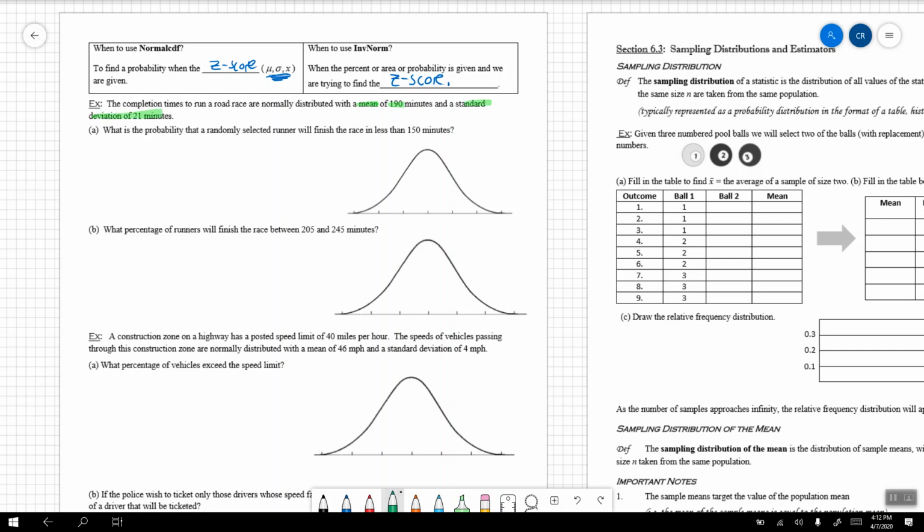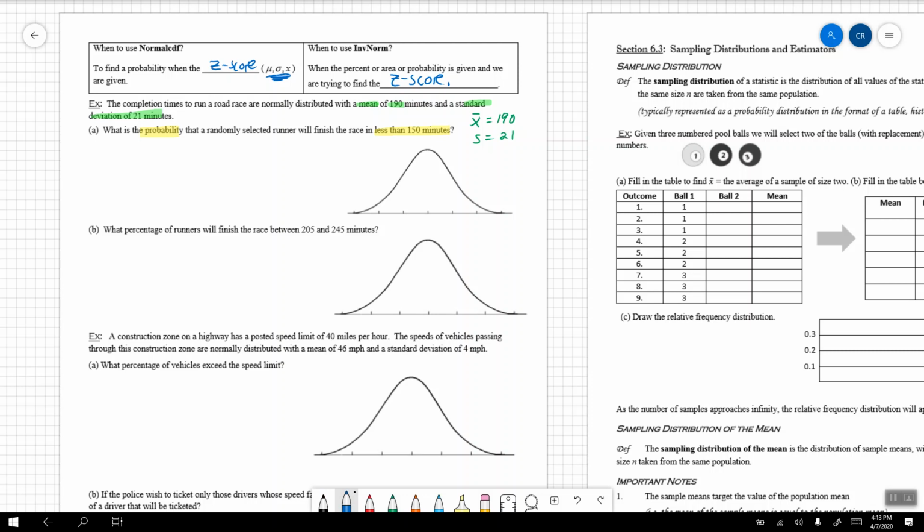I'm going to extract that really quick. The question is, what is the probability that a randomly selected runner will finish the race in less than 150 minutes?